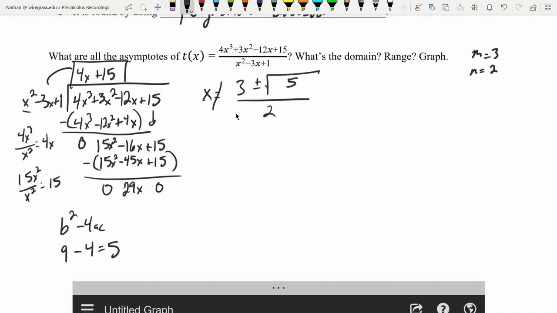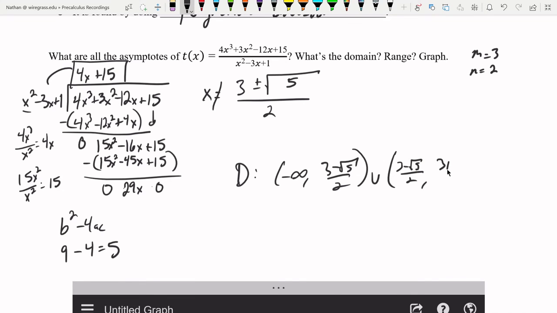Now, the range is going to be a little bit harder to see because we need to look at the graph because of how the asymptote is. My expectation for the domain would be negative infinity up to (3 minus root 5)/2, union (3 minus root 5)/2 up to (3 plus root 5)/2, union (3 plus root 5)/2 to infinity.